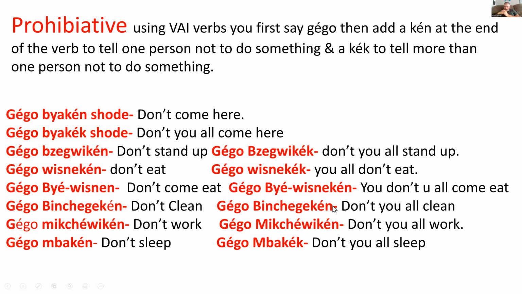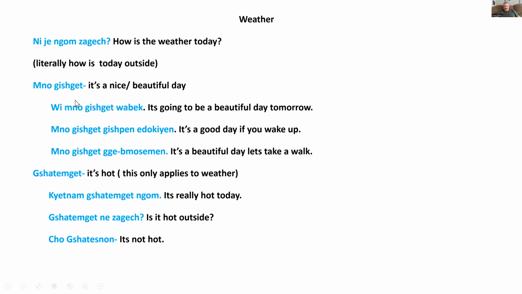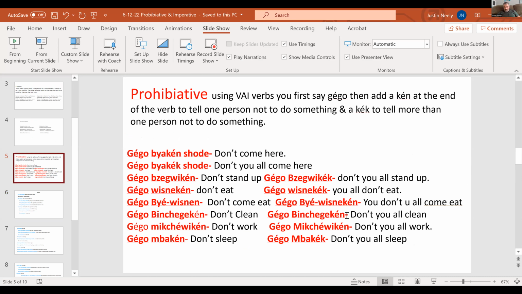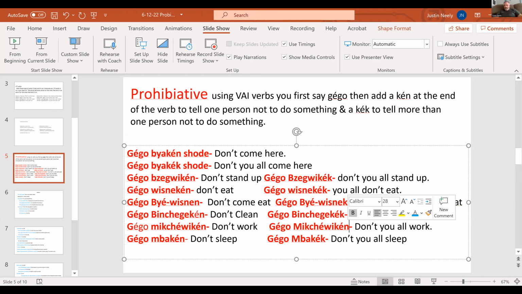Oh, man, it looks like it did all the way down too. I didn't change that. I'm gonna have to change this in my thing real quick so it's clear. Just give me one second here. I didn't even see it. So while I'm doing this, the can is for one, the kak is for more than one.